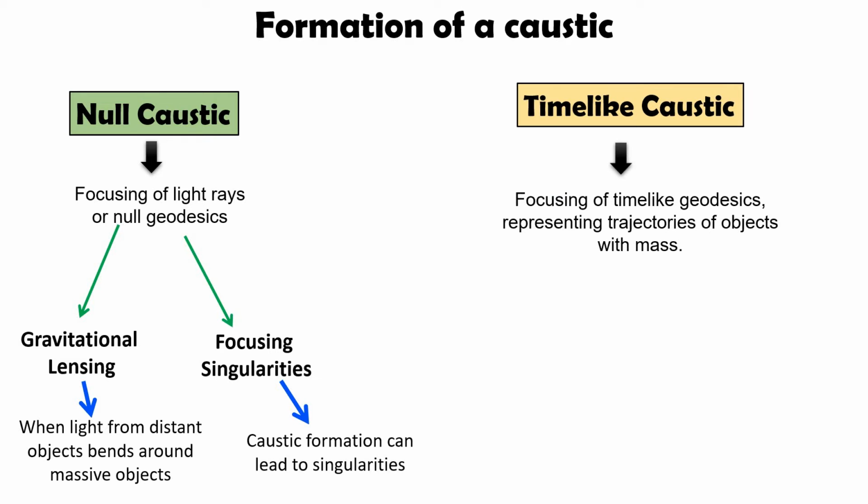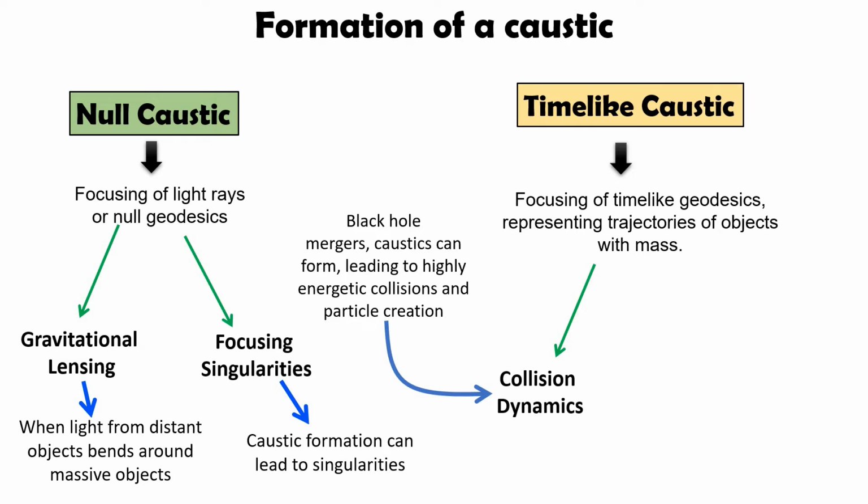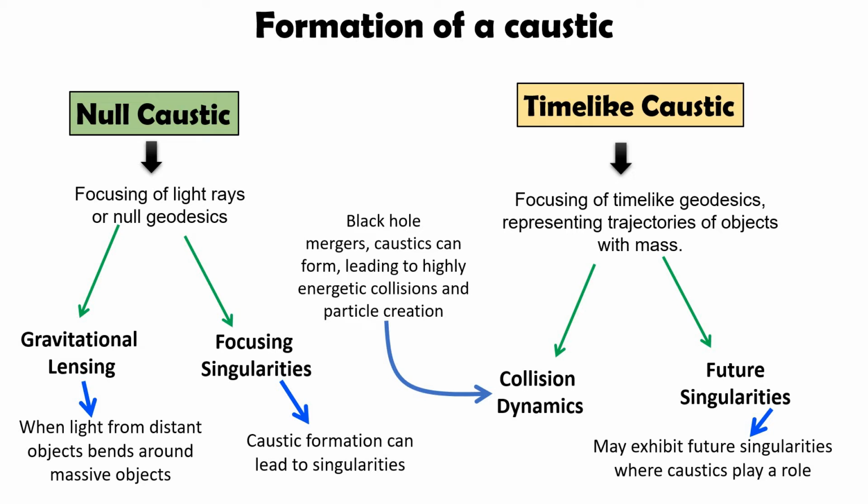Time-like caustic is the focusing of time-like geodesics representing trajectories of objects with mass. Obviously this is time-like, so it has to have a mass. And this leads to what is called collision dynamics. Why? Because in black hole mergers, caustics can form, leading to highly energetic collisions and particle creation. And it can lead to future singularities, because caustics might play a role in exhibiting what is called the future singularity. So these are the two types of caustics which are formed.